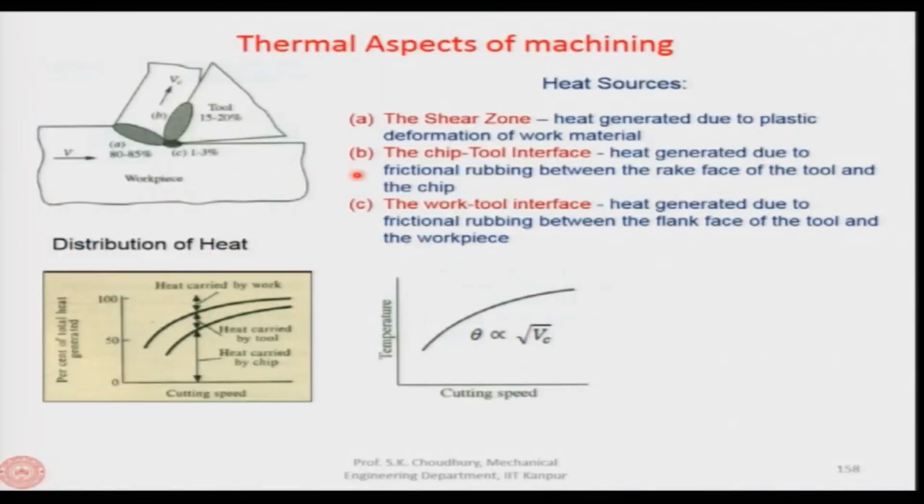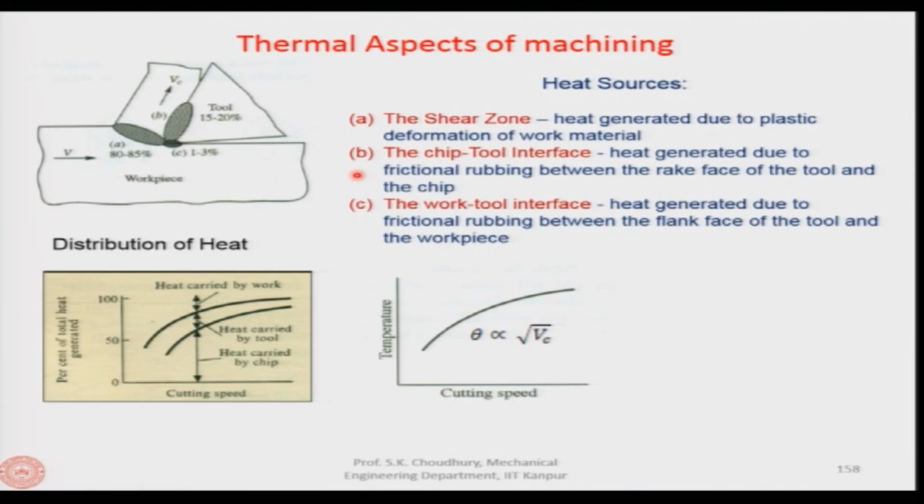Now, let us talk in brief about the thermal aspects of machining, and here I will particularly discuss the sources of heat generation, how the heat is distributed, and how to measure the temperature in the shear zone, because this is very difficult to measure.